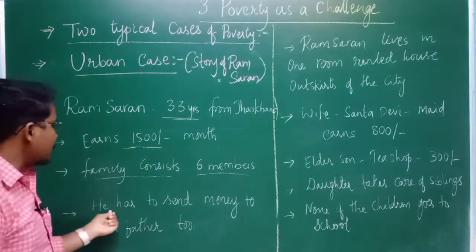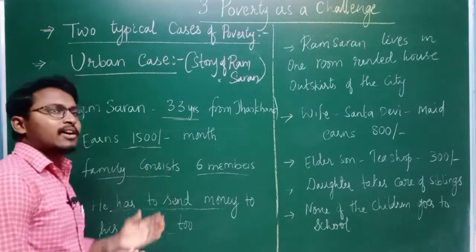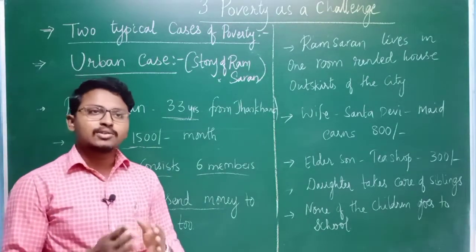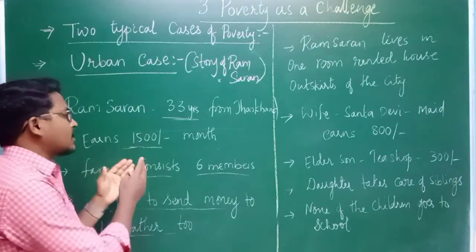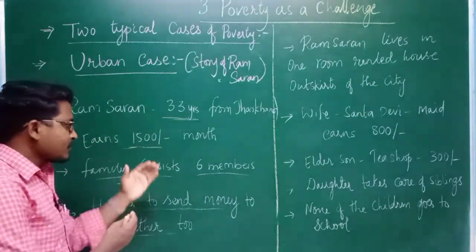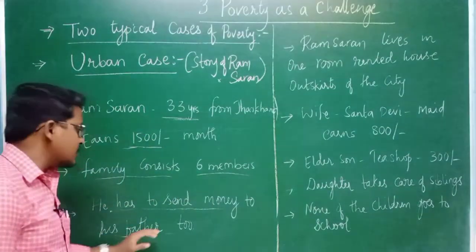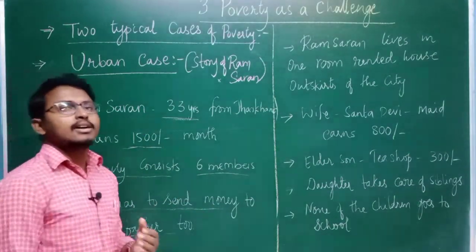Then he has to send some money to his father too. His father is a landless person, so the father also depends upon Ram Saran only. Whatever he earns, he has to look after his family, and at the same time send some money to his father who lives in the village.